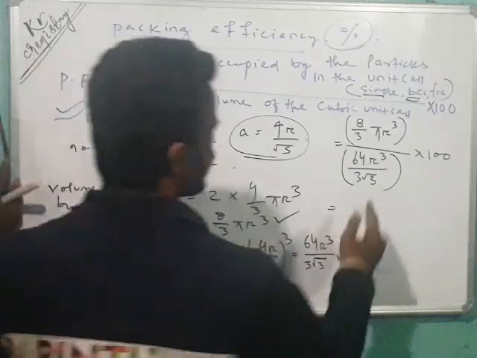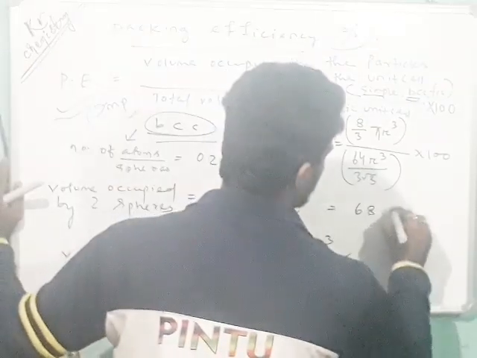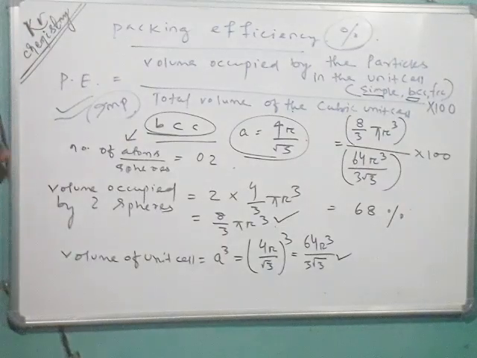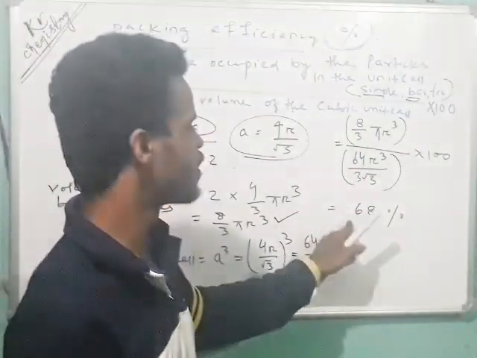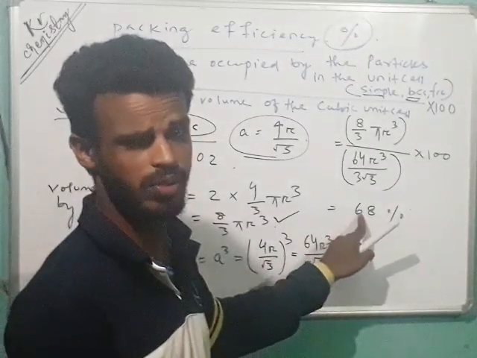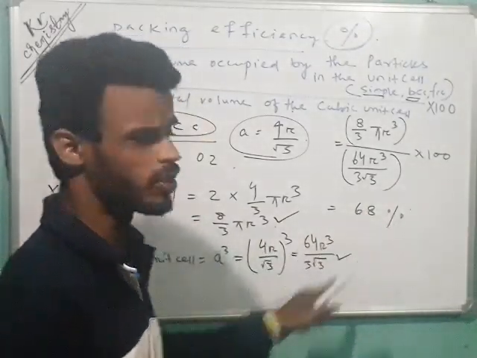If we calculate these values mathematically, this is 68%. We can find the packing efficiency for body centered cubic crystal, that is 68%.